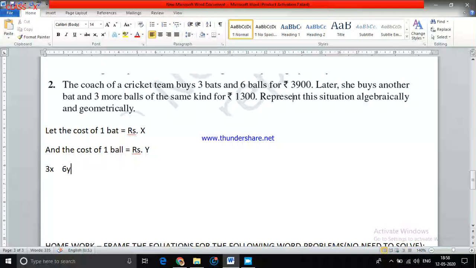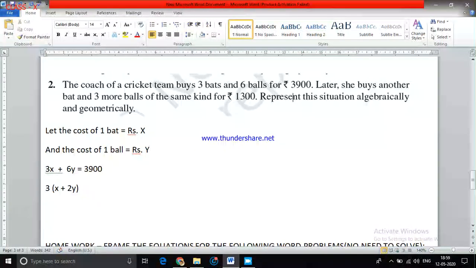Now the cost of 3 bats and 6 balls all together will be 3900. So all means I have to sum up. 3x plus 6y will be equal to 3900. Okay. If you want, you can simplify this further. How do you simplify? You can take 3 common from the first two terms. This will be x plus 2y.